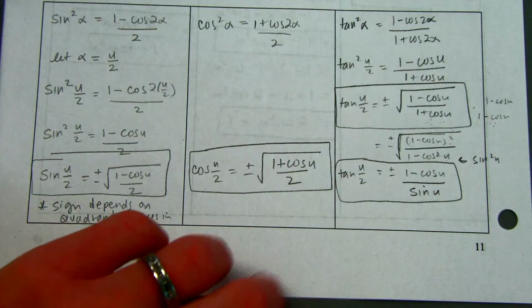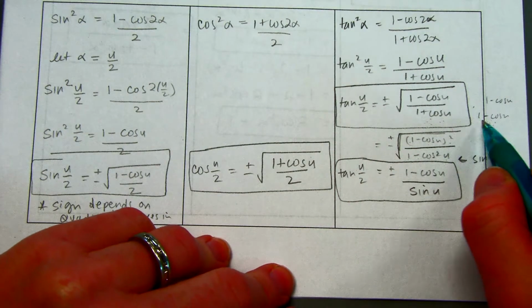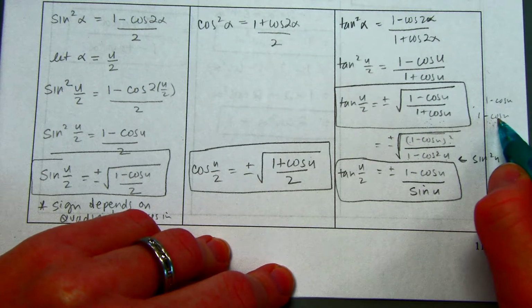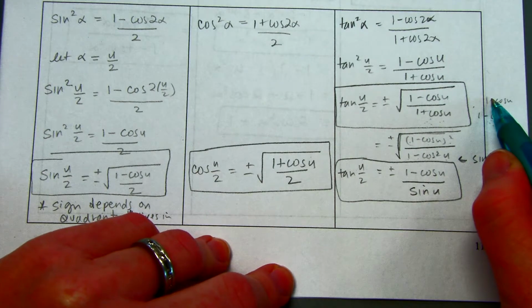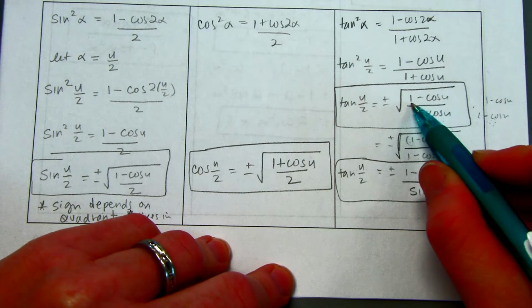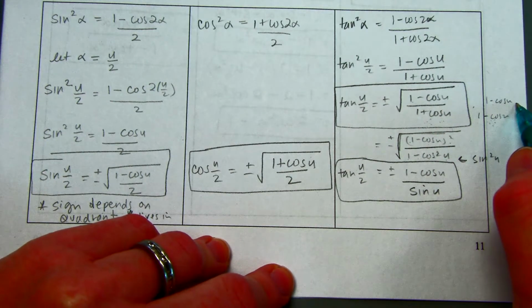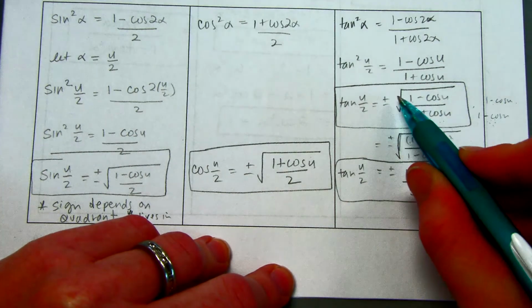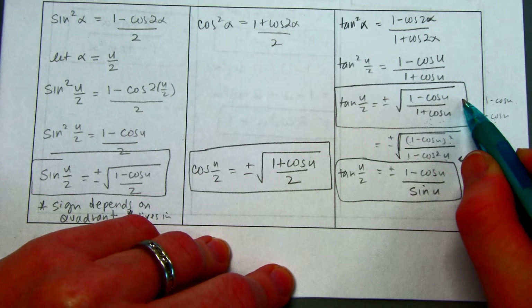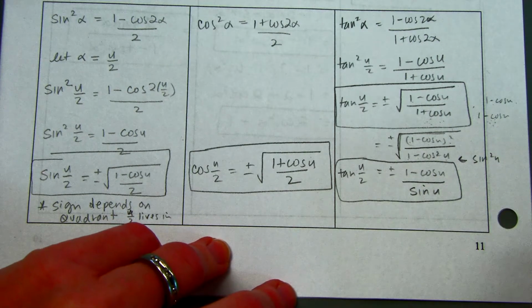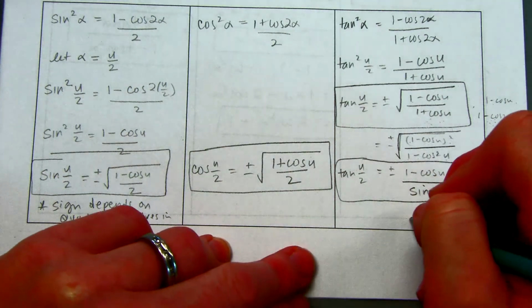Now, if you didn't like multiplying by the conjugate here, and you wanted to multiply by 1 plus cosine u, you could do that. Let's think about what happens in the top. If I have 1 minus cosine u times 1 plus cosine u, that's going to turn into 1 minus cosine squared u, which is sine squared u, and the square root of sine squared is sine u.